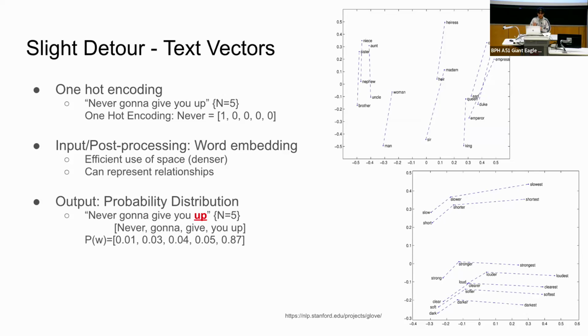As you can see, it's 0.01, and the same for gonna, give, and so on. Then for up, you can see it has the highest probability. Whatever your output is, it's usually the one with the highest probability. Since the word up is the most likely word the large language model would predict, it has the highest probability.